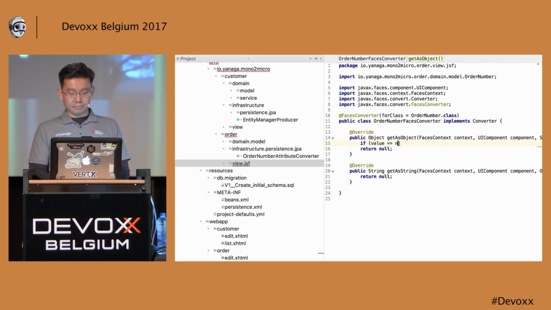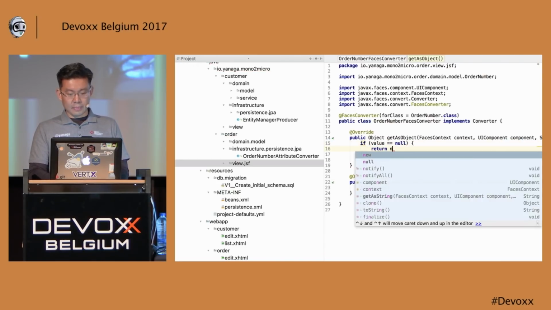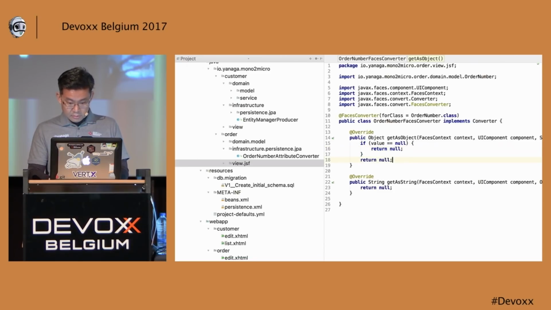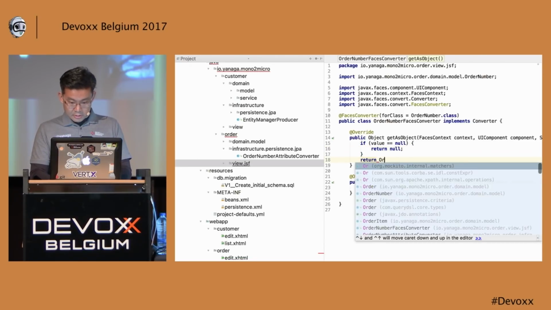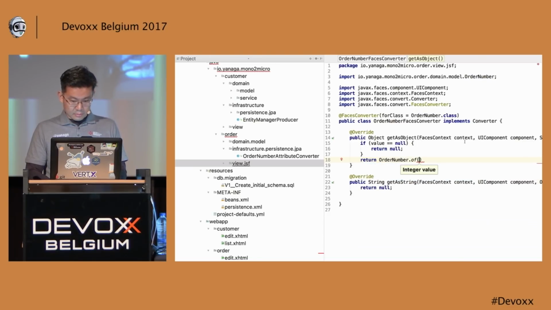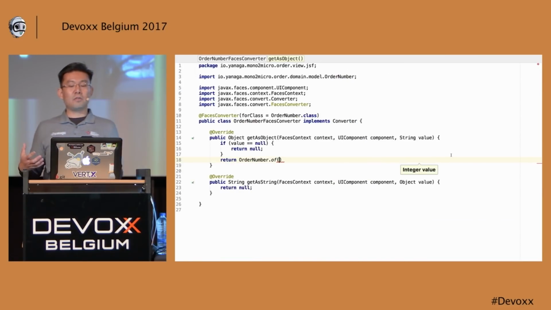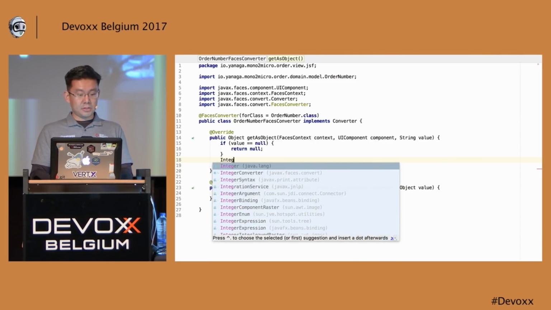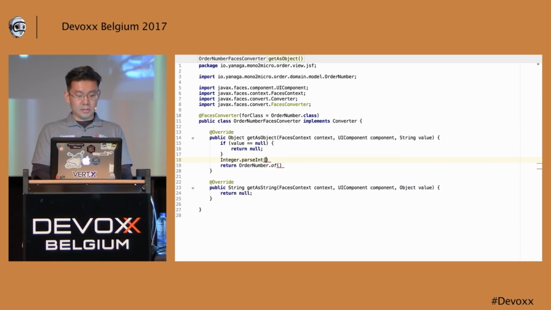And what do I need to do here? Here I need to check if the value is null, return null, otherwise return order number of, and I'm receiving the information as a string, and I need an integer value to be put in that, so I'll need to convert that in some way. So Integer.parseInt of value, and you know that this method can throw an exception if you don't have a proper value.